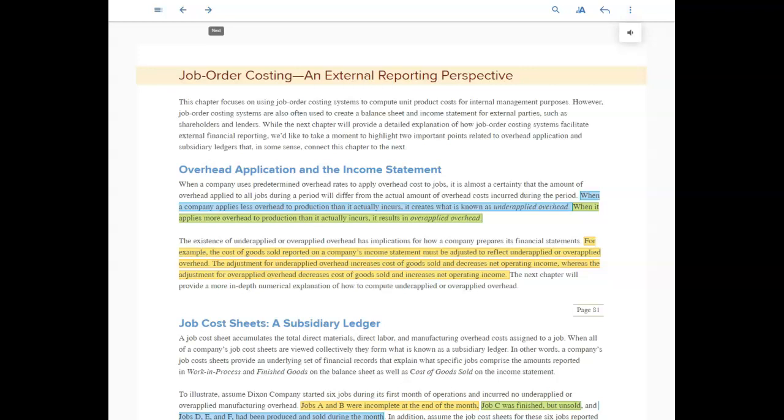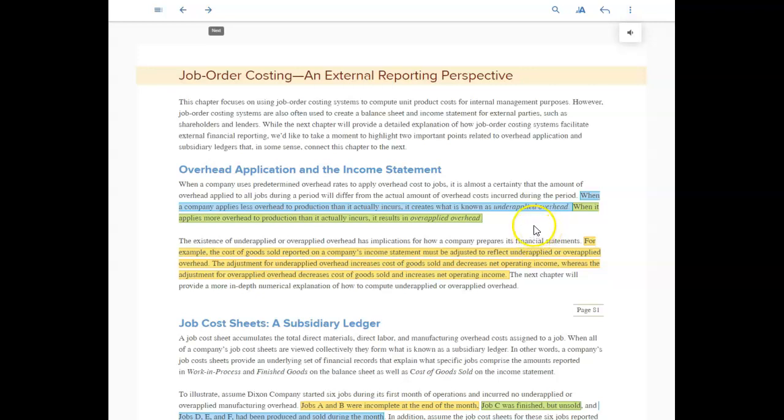Under applied overhead means we did not apply enough compared to the actual cost we have. So in this blue highlight here, when a company applies less overhead to production, based on the estimates, than it actually incurs, this is the actual cost, it creates what's known as under applied overhead. Our estimates were off a little bit. We did not apply enough cost to production.